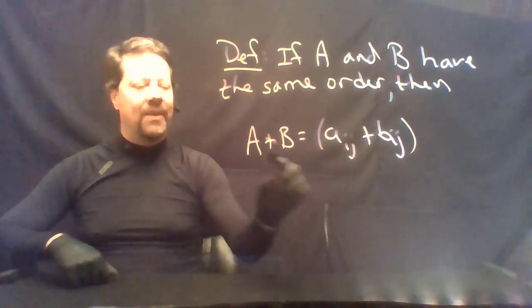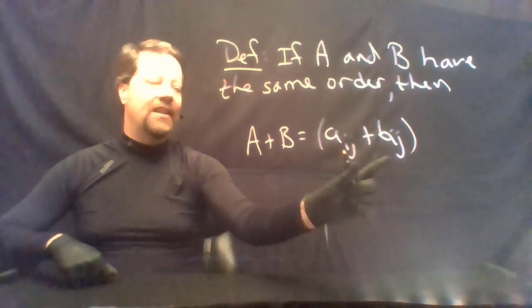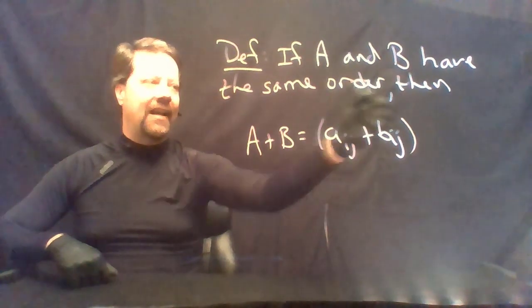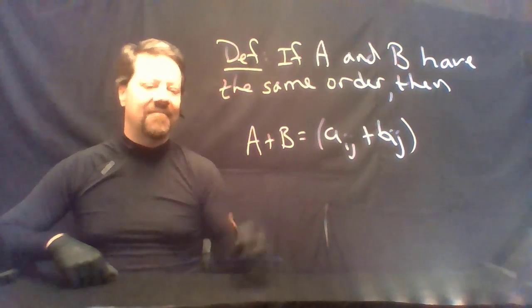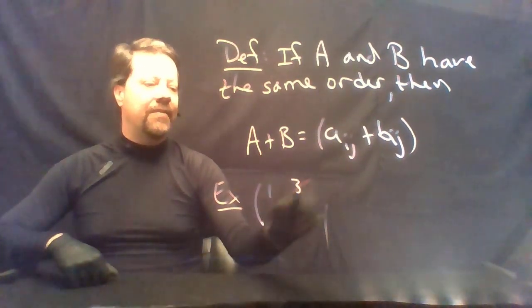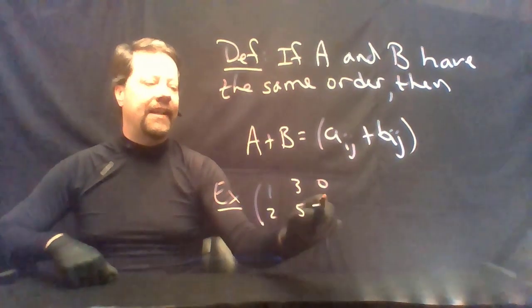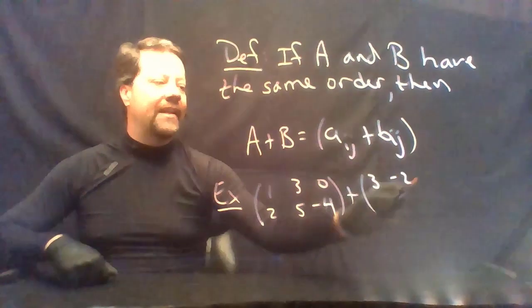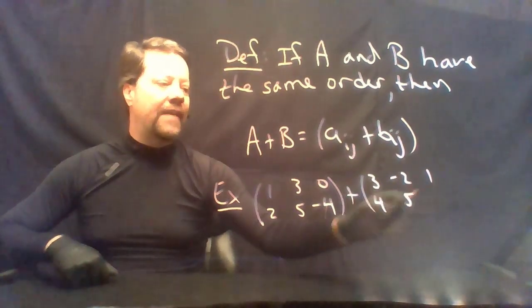When I add A and B, I get the matrix where the entries are the sum of the entries of A and the entries of B. So for example, suppose I have the matrix 1, 3, 0, 2, 5, negative 4, and to that I'm adding 3, negative 2, 1, 4, 5, 6.